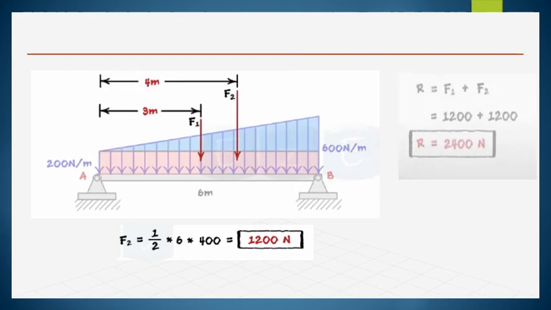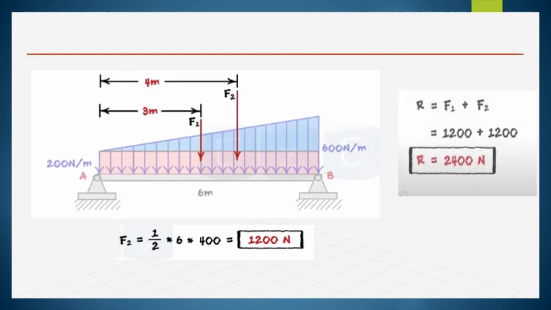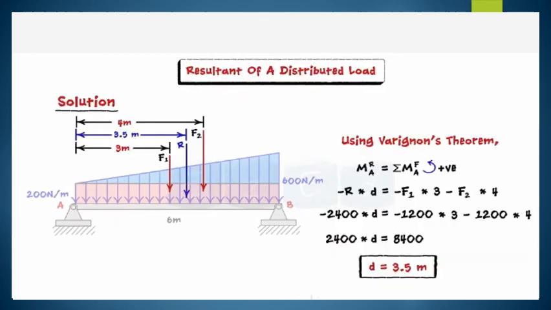So the total resultant will be, when you add F1 and F2, the total resultant. Where does this resultant fall? We need not do this in the problems, but out of curiosity, to find where the resultant of the trapezium falls, we can apply Varignon's theorem. We take the moment about any end.